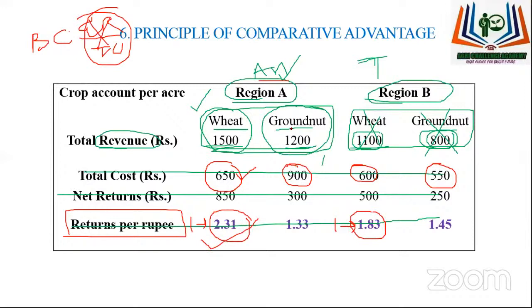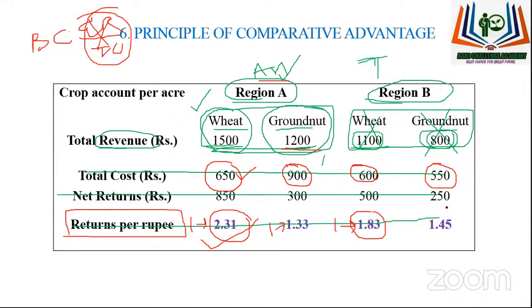Okay, wheat is good for Andhra. What about groundnut? For groundnut, 1200 divided by 900, so 1 rupee cost on groundnut gives 1.33 rupees. That is 0.33 extra income from groundnut production in Andhra Pradesh. What about Tamil Nadu?